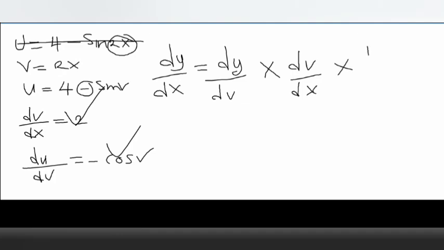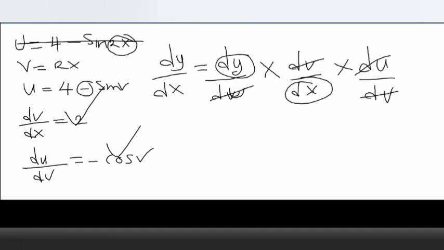Then the third one, it is dv dx. If you want, you can exchange these. There's no problem. So as you can see here, these can cancel each other. Then what are we going to remain with? We are going to remain with dy dx. So that is how we see if our solution is correct, or what we are doing is correct.